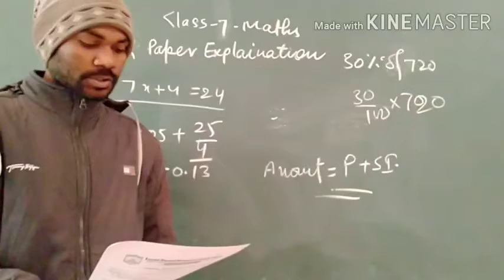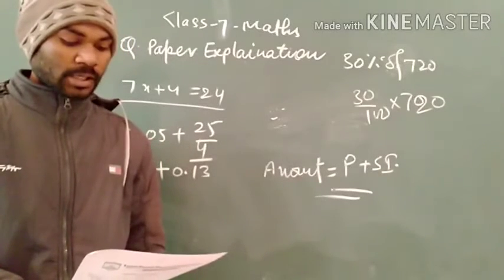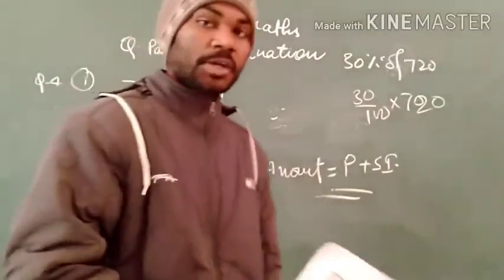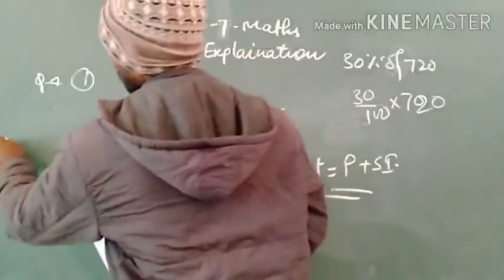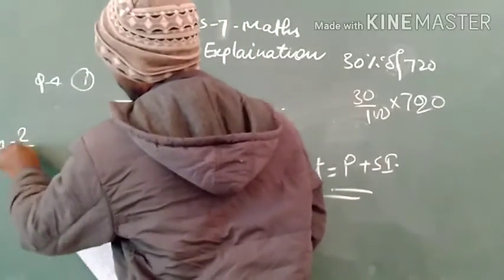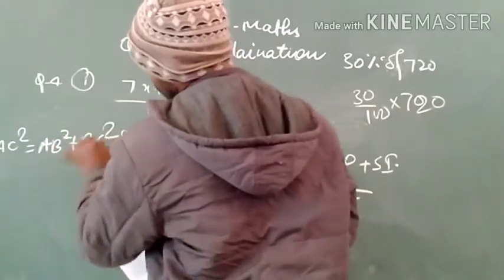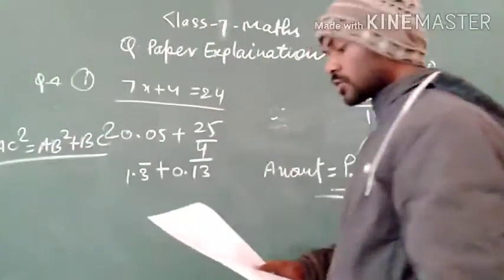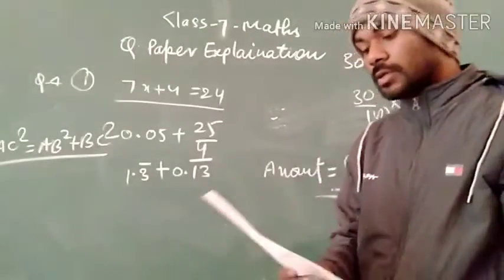The next question is show that 8, 6 and 10 is a Pythagorean triplet. If the given triplet satisfies the theorem AC square is equal to AB square plus BC square, then it is true that the given numbers are a Pythagorean triplet.